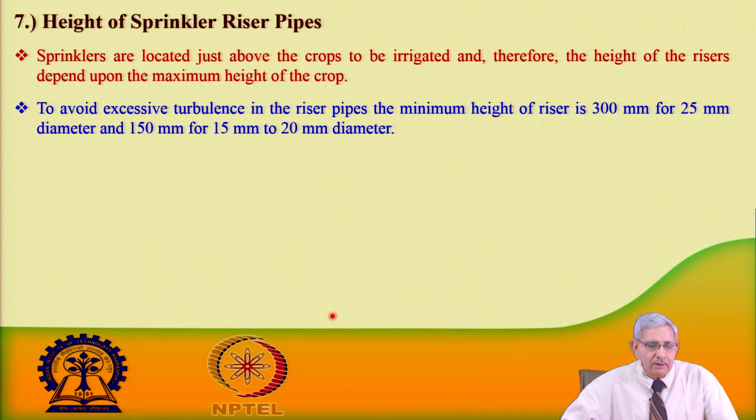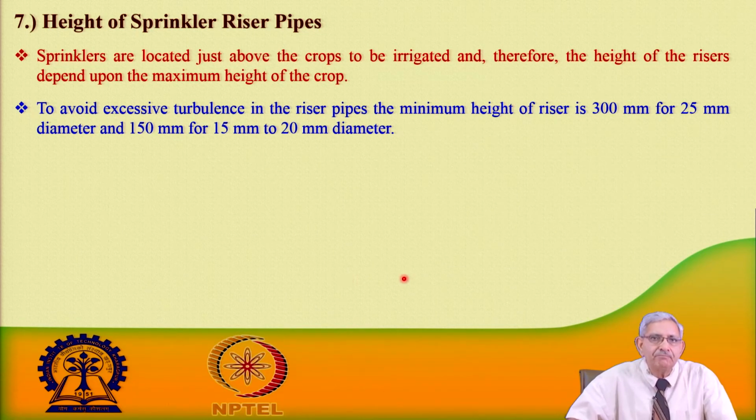where a large area is being used for cultivation of the crop. The next part is height of sprinkler riser pipeline. Sprinklers are located just above the crop to be irrigated. Therefore, the height of the riser will depend on the height of the crop, because the water emerging out of the sprinkler nozzle should not be interfered with by the crop.